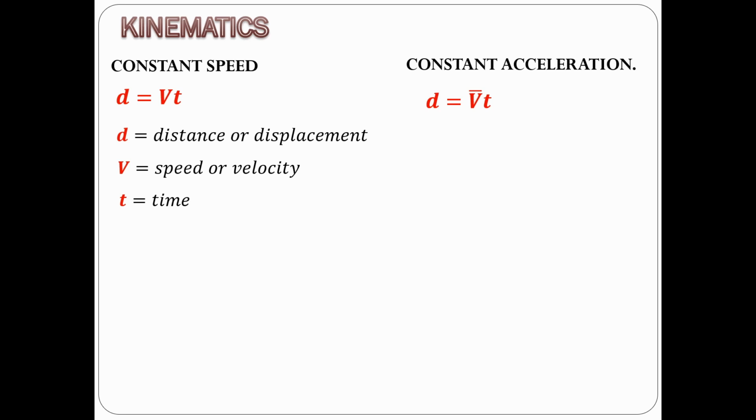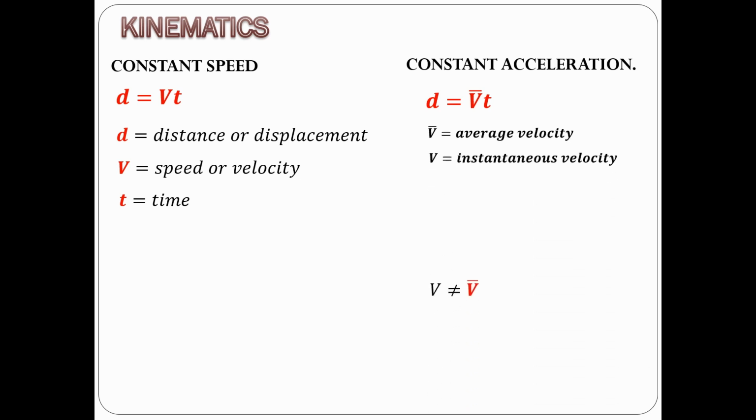The reason for that is that v does not equal v̄ when there is acceleration. Every time acceleration is present, it means the velocity is changing. Acceleration tells you how fast the velocity is changing. Then if the velocity is changing, the instantaneous velocity and the average velocity are not equal.